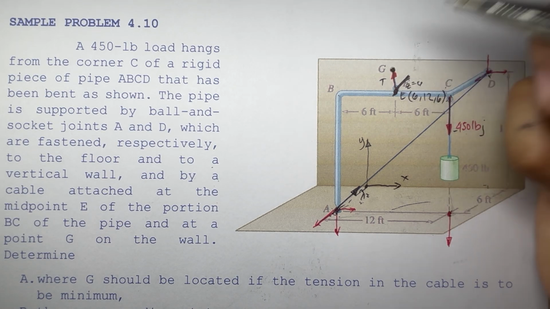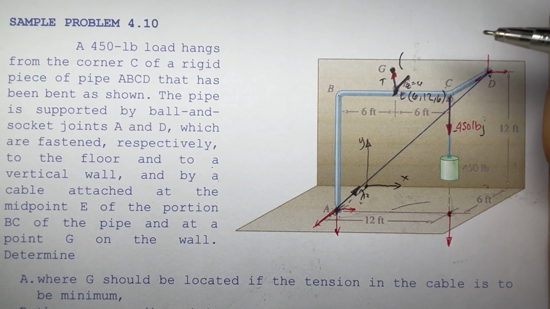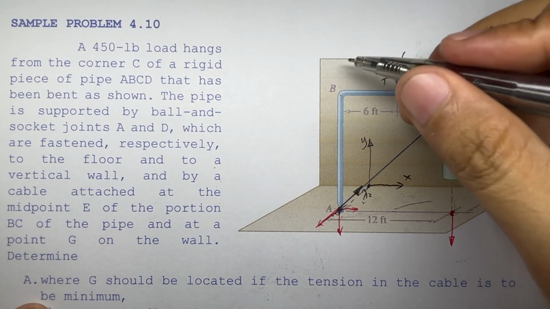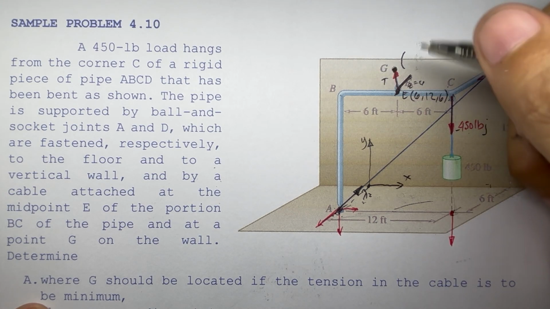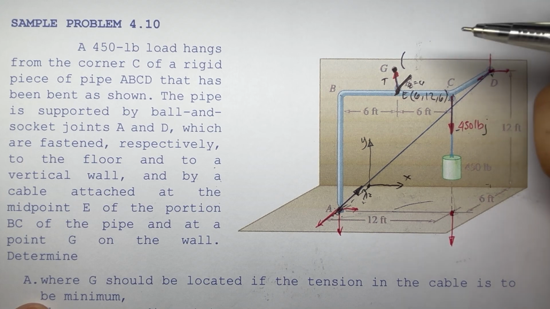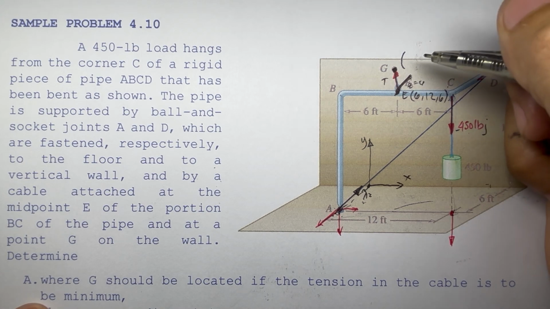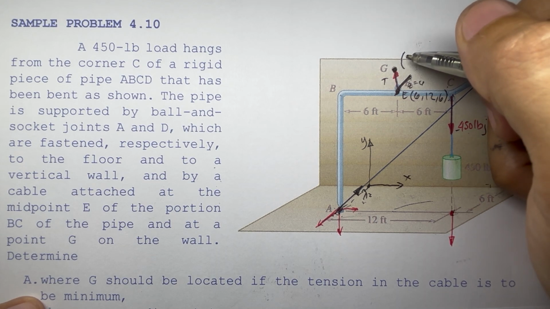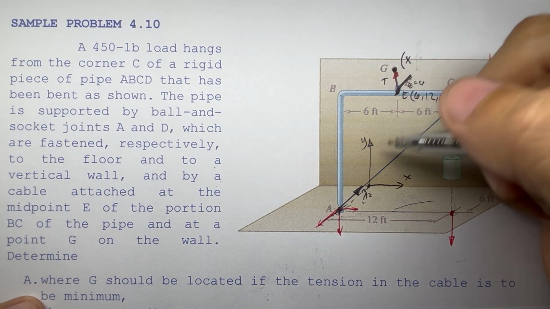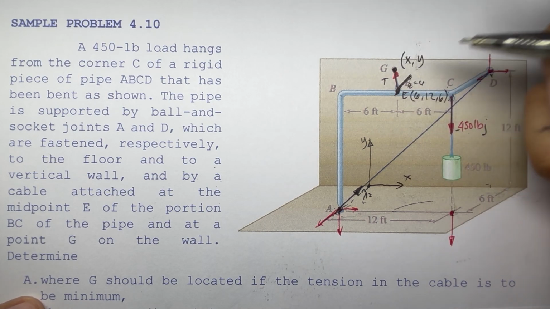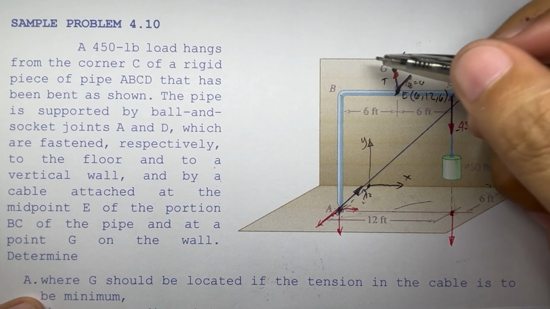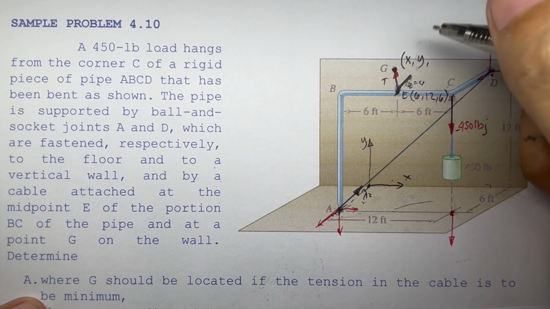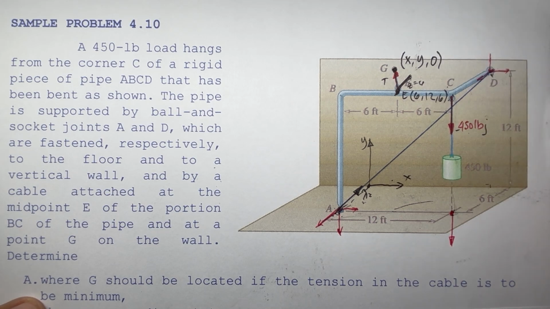How about this G here? This point G, since it is on the XY plane, has 0 units along z. So we only have x and y. Along y, we don't know. Say that's x, and we have y. And we know that our z, since it lies on our wall, where our XY plane is located, is 0.